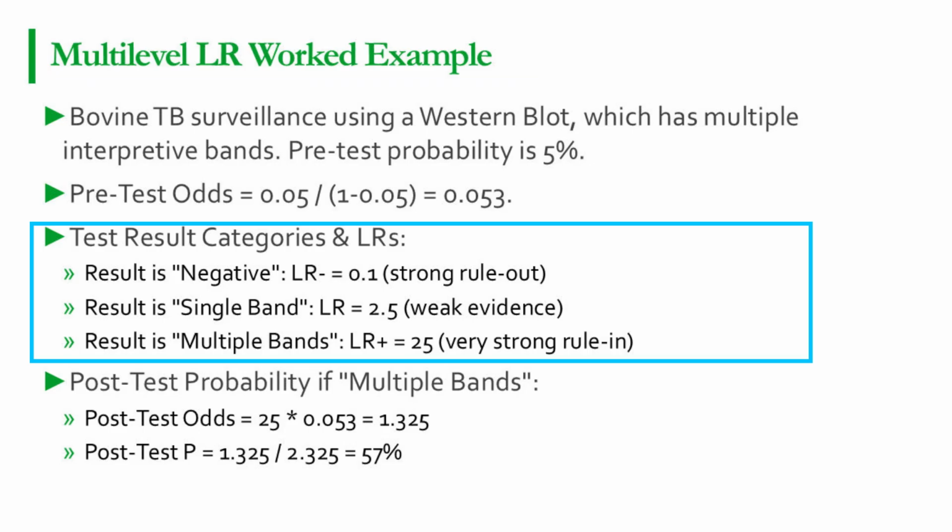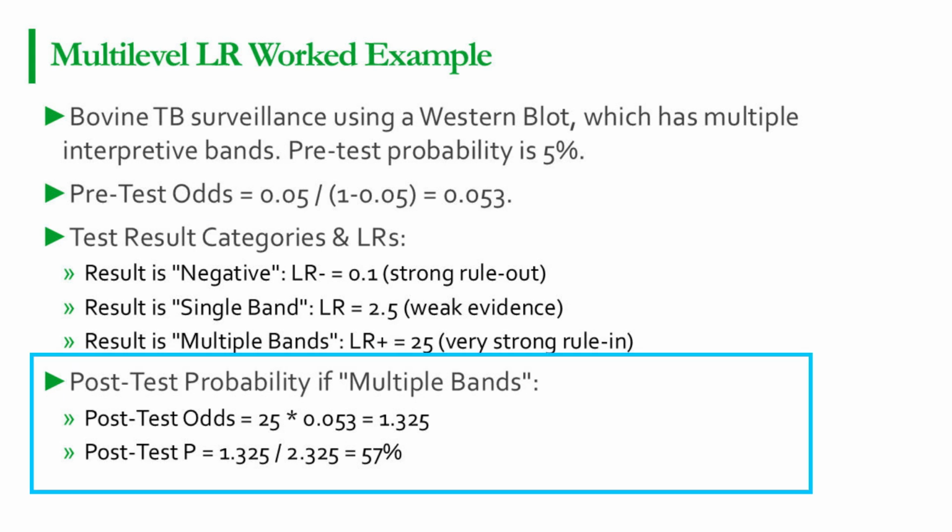A completely negative blot has a likelihood ratio of 0.1. A blot showing just a single, non-specific band has a likelihood ratio of 2.5. It slightly increases suspicion but isn't conclusive. But a result with multiple specific bands is very powerful, with a positive likelihood ratio of 25.